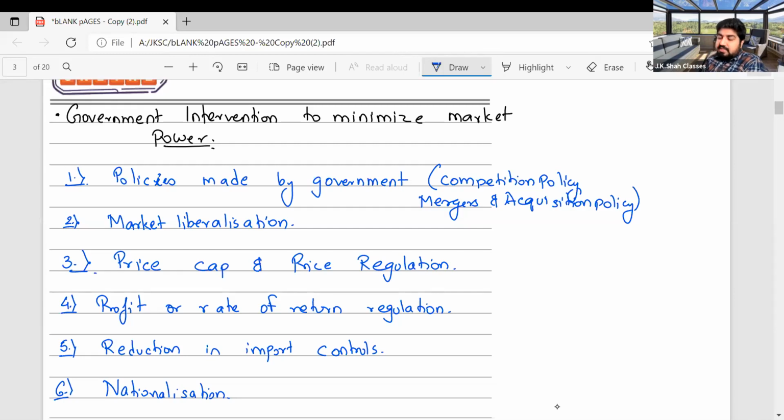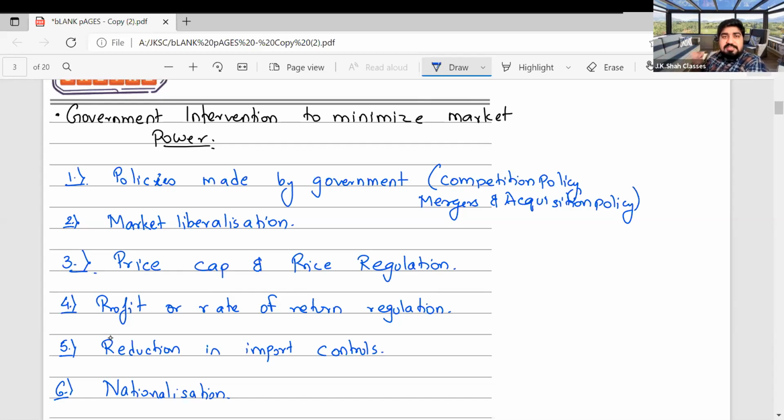The first airline in India is Tata Airlines, which became Air India. Yes or no? Now it became Air India because government did not want Tata to exploit the consumers. They were not exploiting the consumers, but because government was very futuristic, that I don't want private sector to have the monopoly power. That's why they kept that with the government itself. Very good example, Vishal.